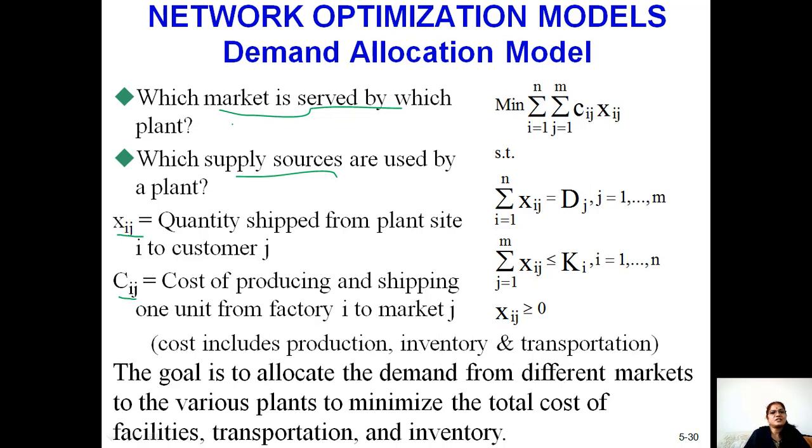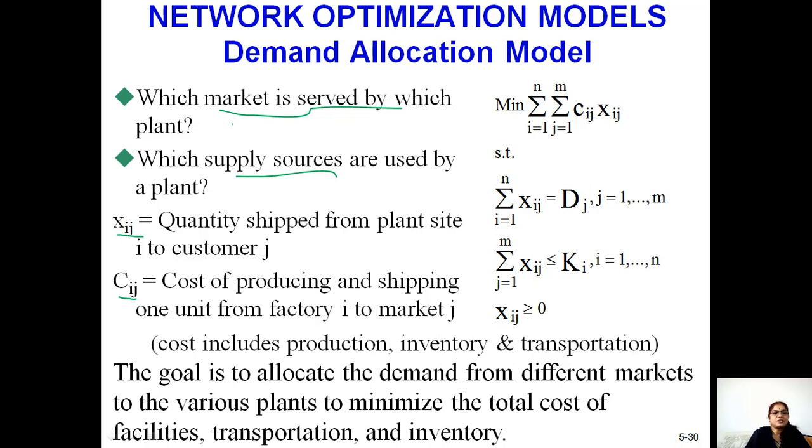Now X stands for quantity, C stands for cost. Two suffixes are used here, I and J. I is for plant and J is for destination, or the customer or the market.